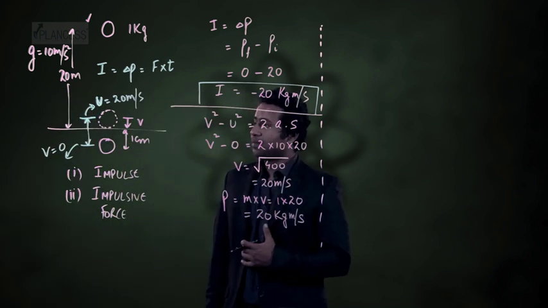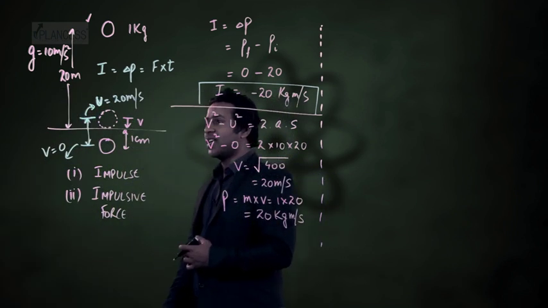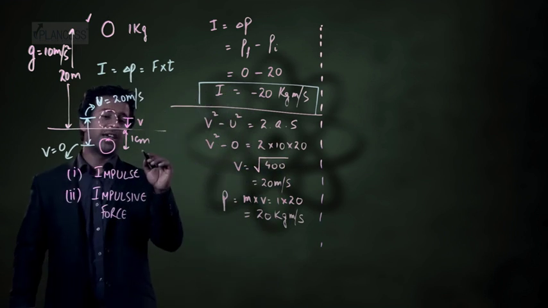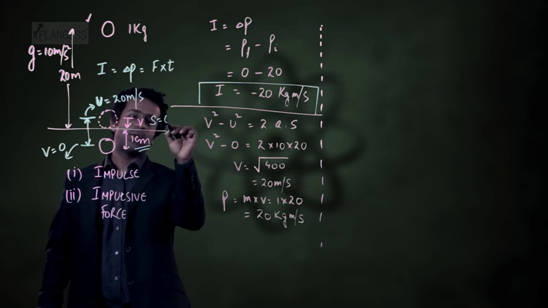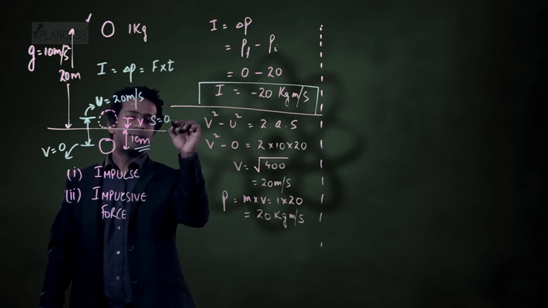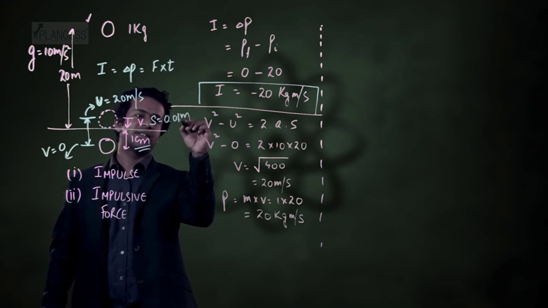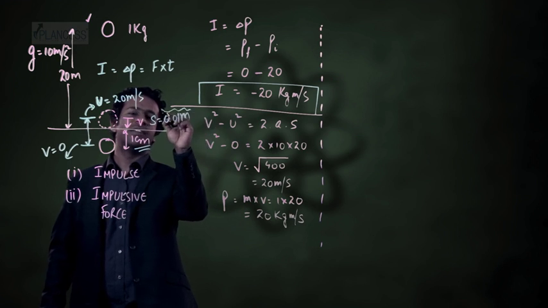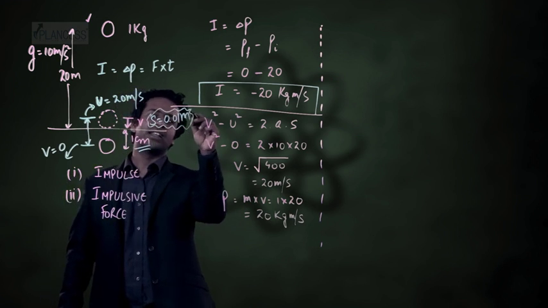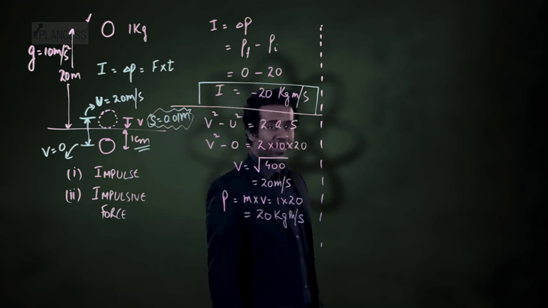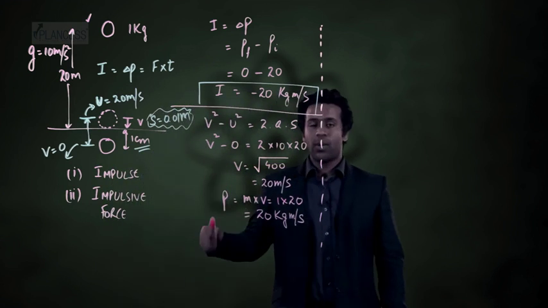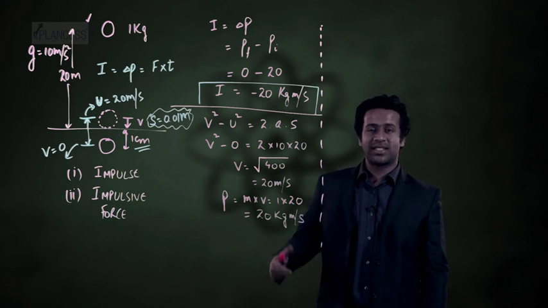What else is known? We know the distance through which it moved, which is given to be 1 centimeter. So we know that S is equal to 0.01 meters. So note that I have converted the given distance into SI units. So the distance is given to be 0.01 meters and we need to find acceleration.